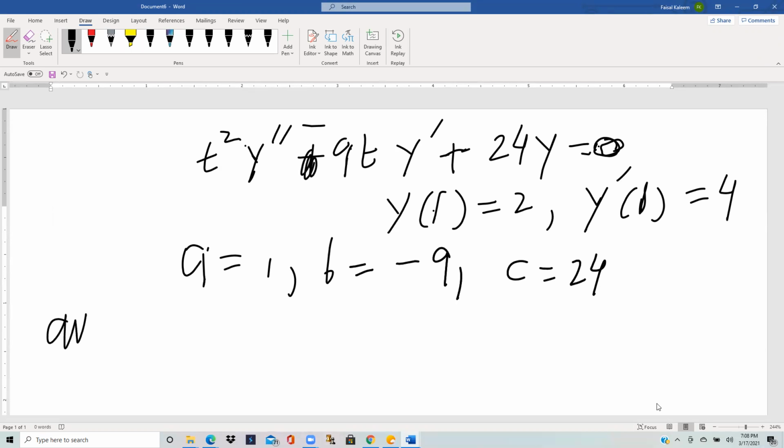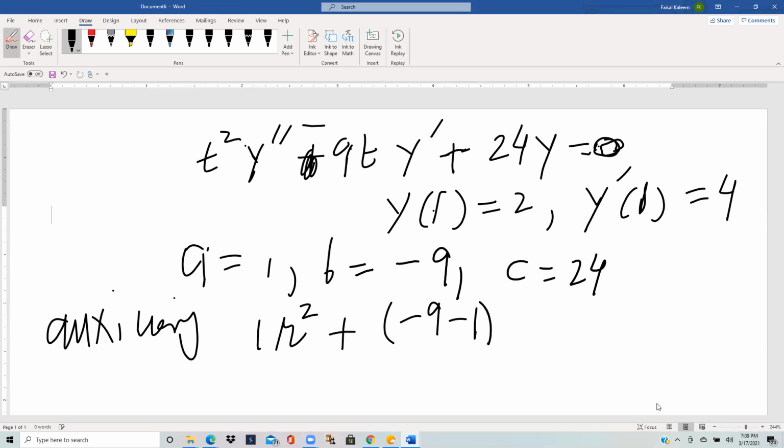So the auxiliary equation would be aR², so 1R², plus (b − a), which is −9 − 1, times R plus c.